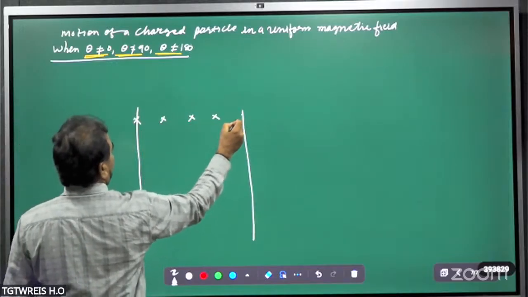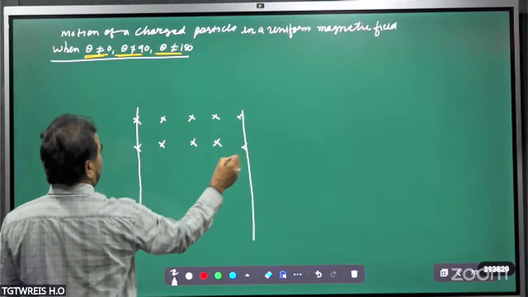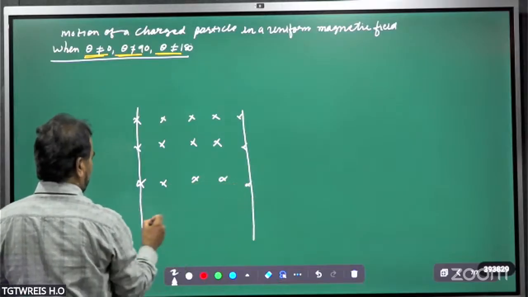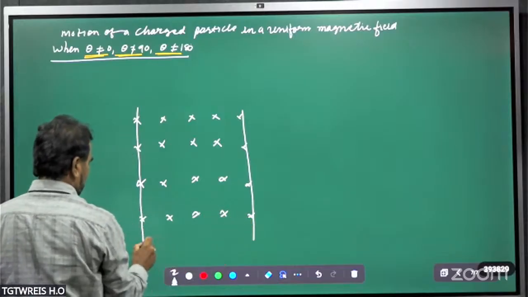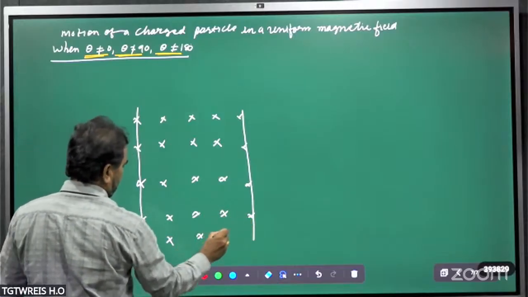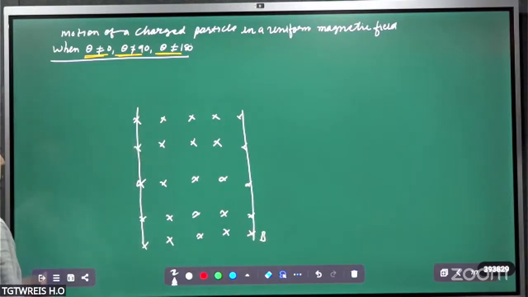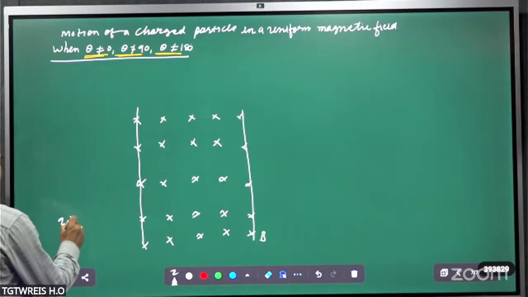It is a uniform magnetic field of induction B. Okay. Suppose consider a charged particle here, beta. This is a charged particle of charge Q and mass M.